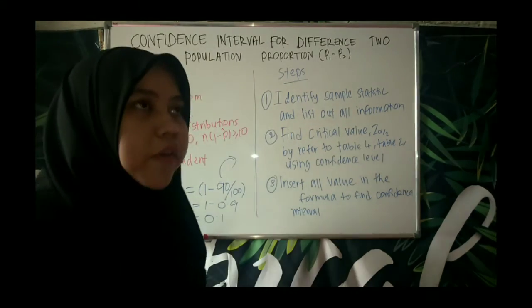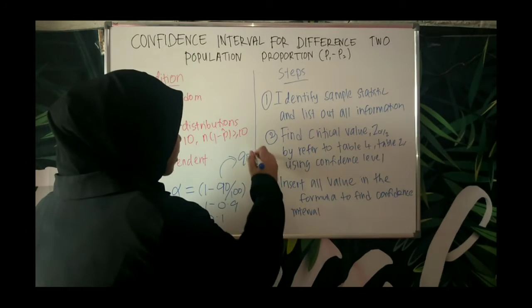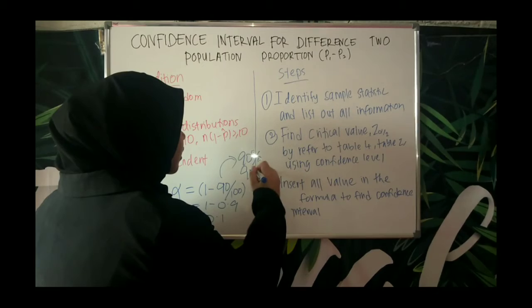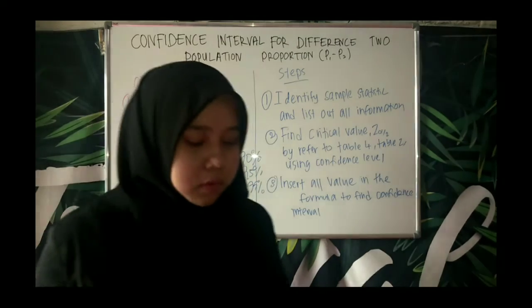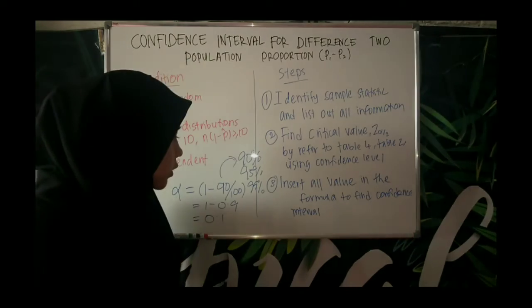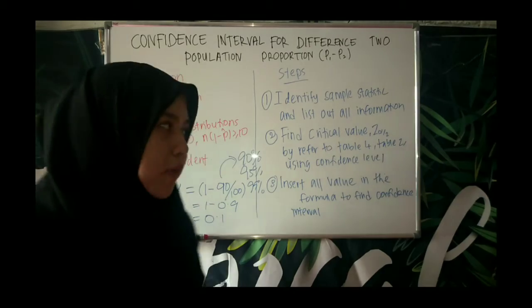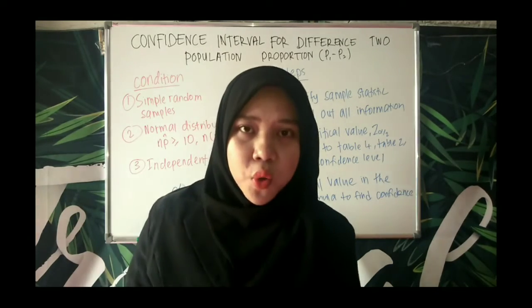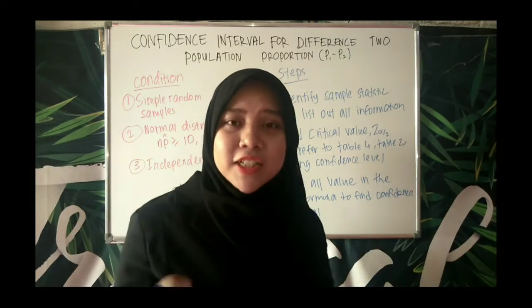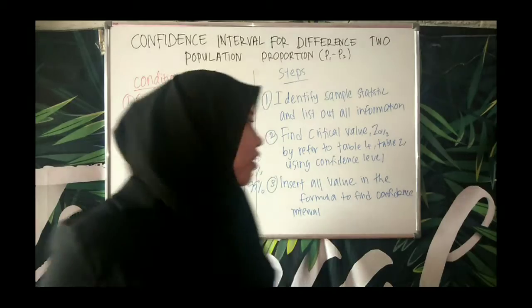The standard confidence levels that we use are 90%, 95%, and 99%. When we get Z alpha over 2, we find the critical value by referring to the Z table, which is table 4.